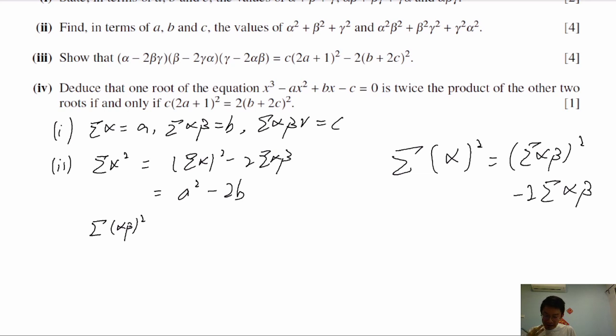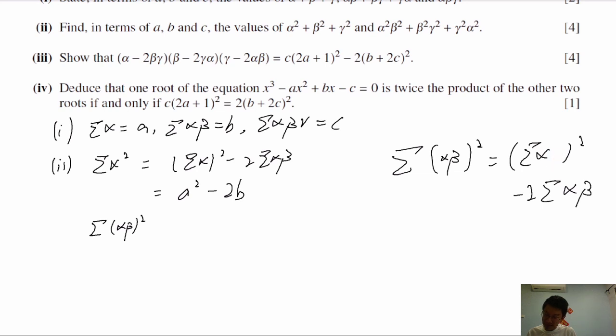Now what we want to find is the sum of alpha beta in the bracket squared. So how can we use this relationship to find the value of this? Just replace all the alphas in the relationship with alpha beta. So for this one, instead of alpha, we have alpha beta, and we replace it with alpha beta.